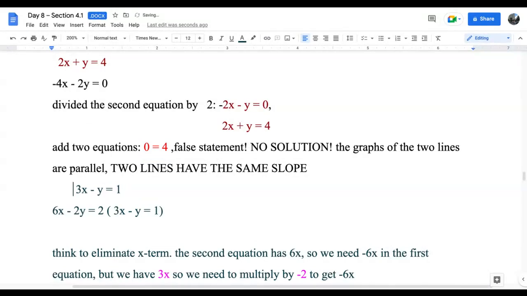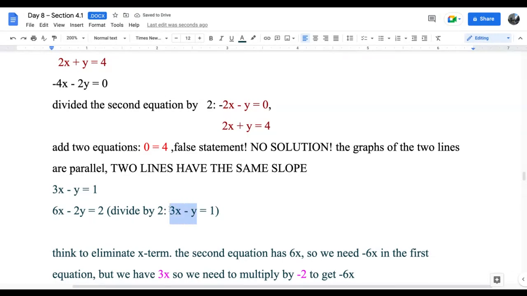Let's see this example. The first equation is 3x minus y equals 1. The second equation is 6x minus 2y equals 2. We see the second equation can be simplified. We divide by 2 and get 3x minus y equals 1.